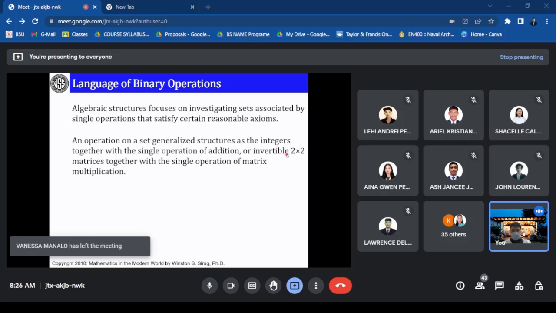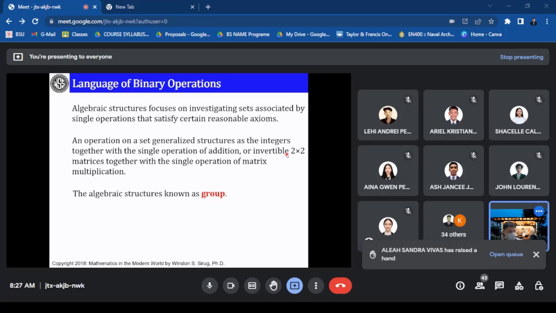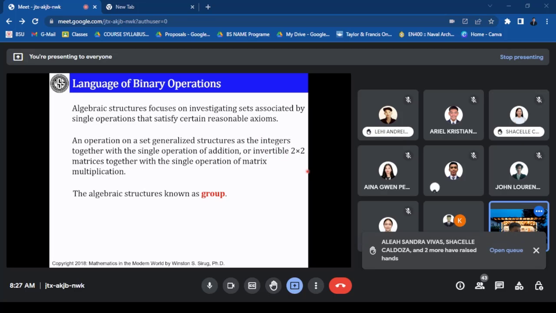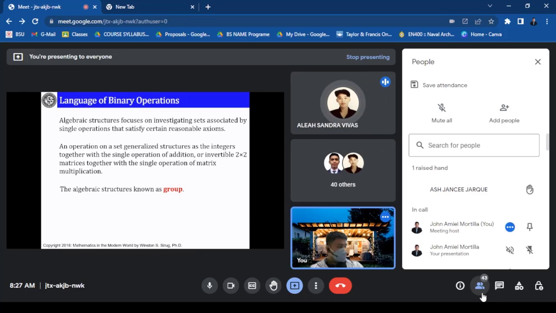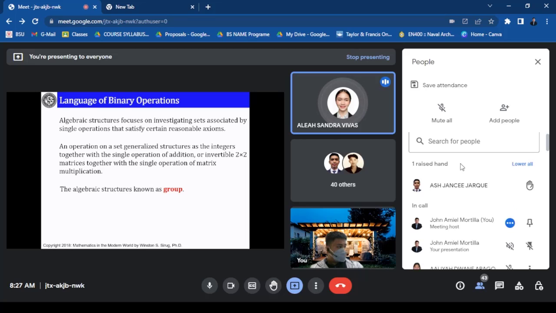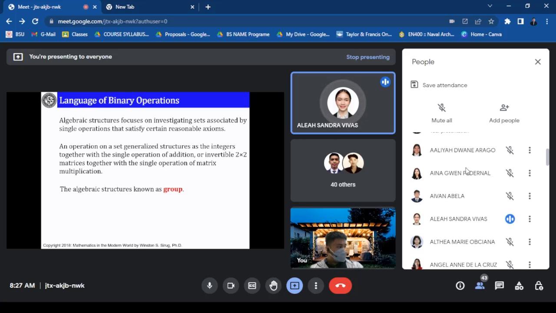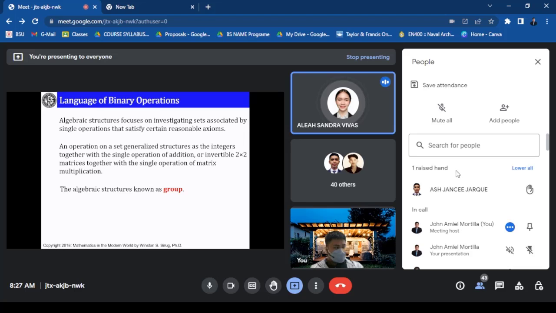Okay, so we have algebraic structure. Please read. Yes, Aliyah. Algebraic structures focus on investigating sets associated by single operations that satisfy certain reasonable axioms.